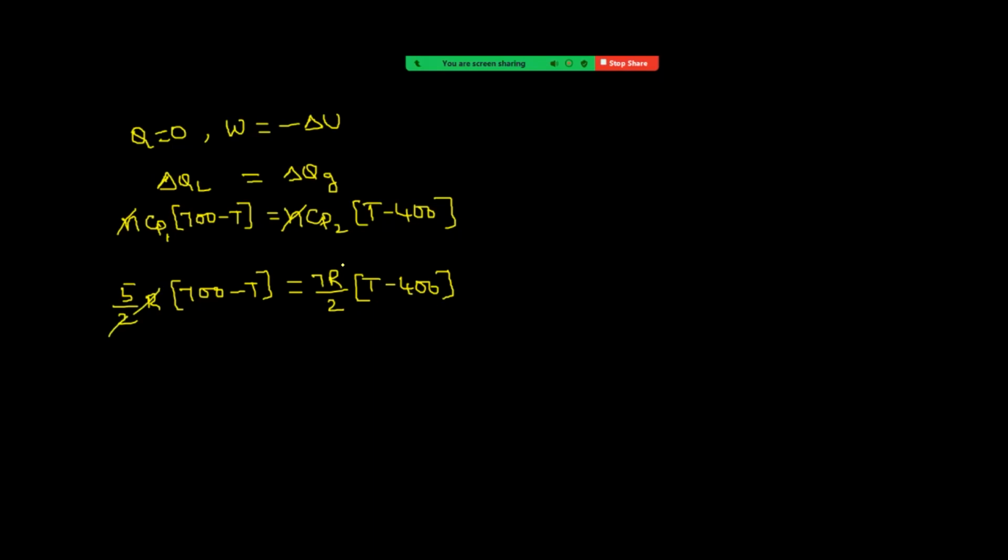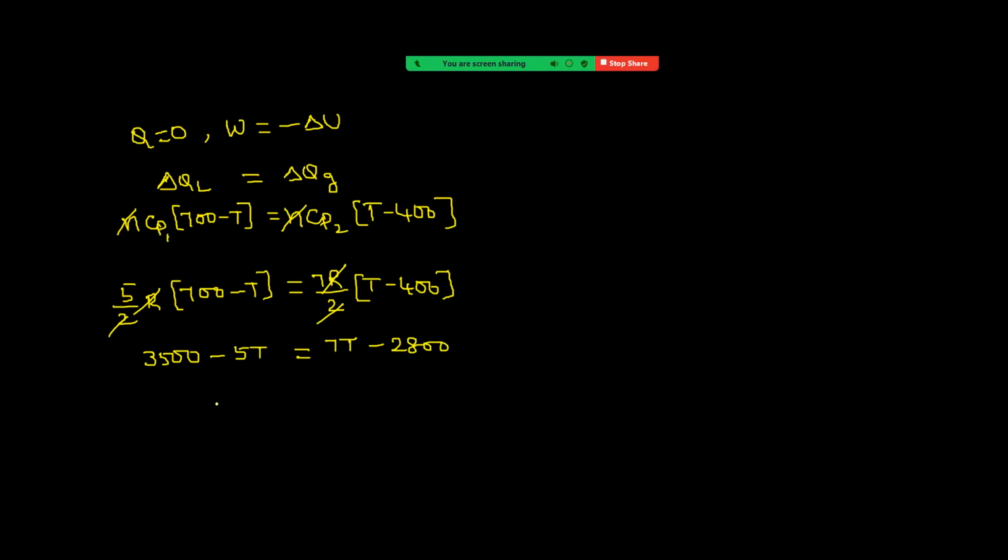R by 2 cancels. 5 sevens 35, 3500 minus 5T is equal to 7T minus 7 fours 28, 2800.